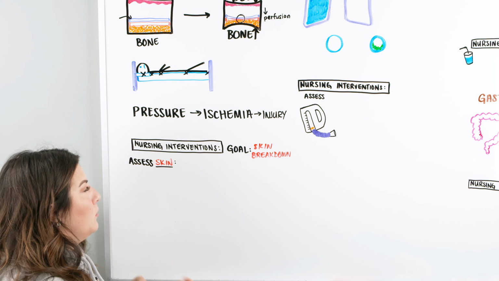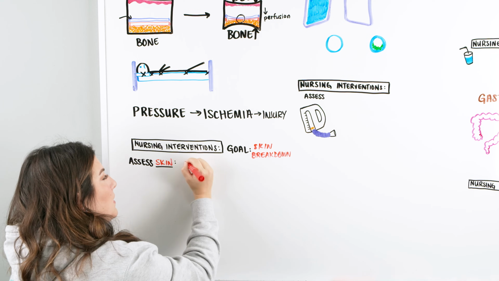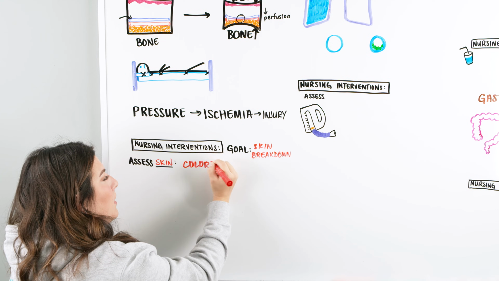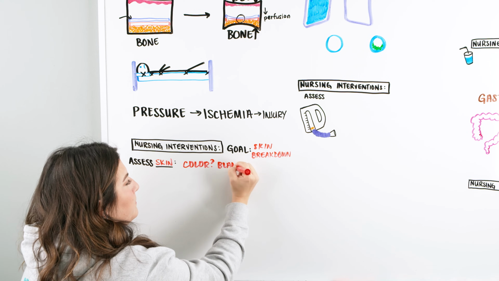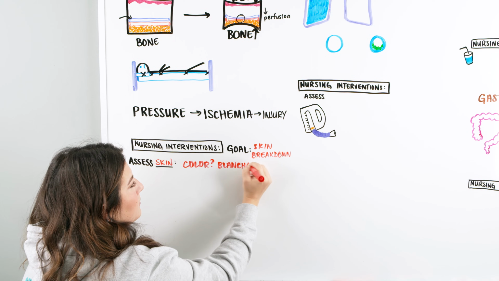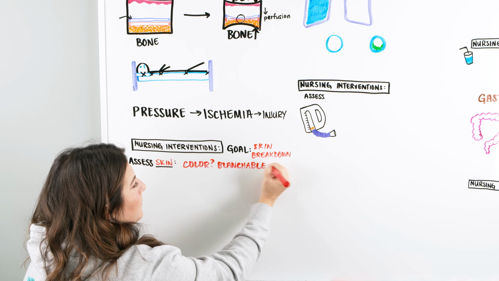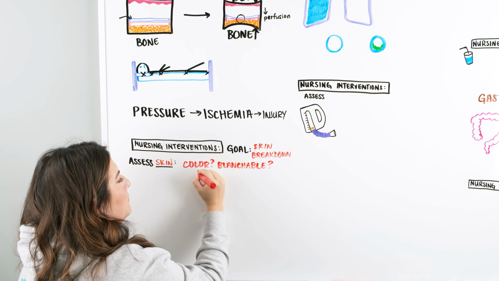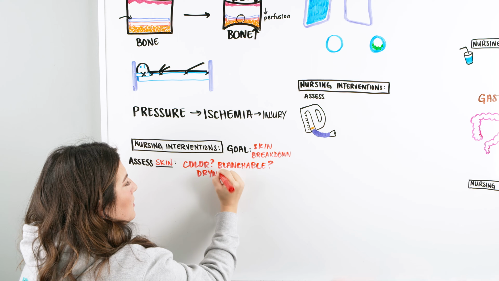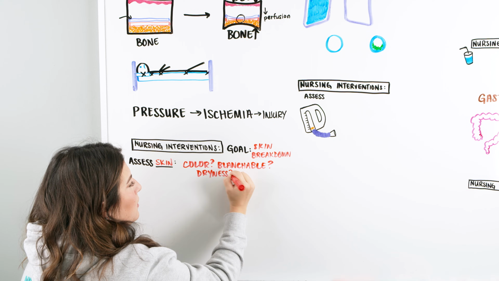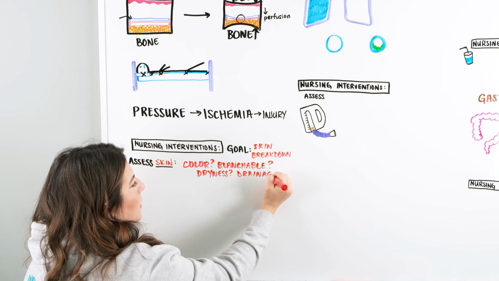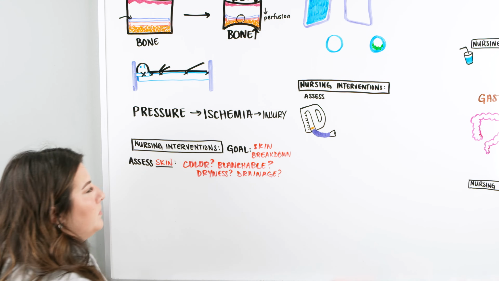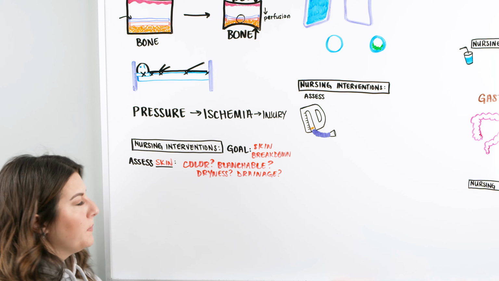So you're going to be noticing any type of color, right? Is there any color change? Is it blanchable or non-blanchable? You're going to be looking if there's any type of dryness, drainage, and all of these are going to be able to tell us, okay, is there something else going on? Is it something new? Is it something different for this patient?